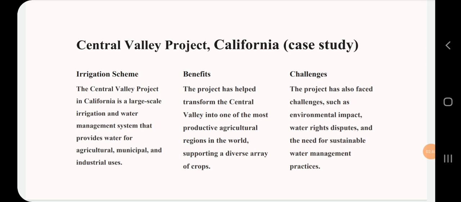The project has helped transform the Central Valley into one of the most productive agriculture regions in the world, supporting a diverse array of crops. Challenges. The project has also faced challenges such as environmental impact, water rights disputes, and need for sustainable water management practices.